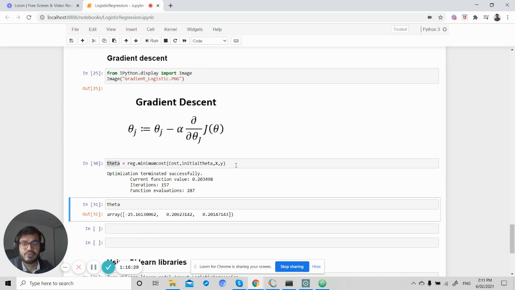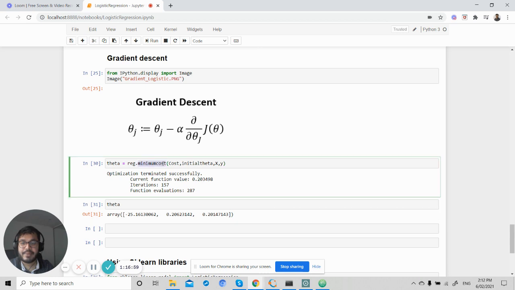So why did we use this function? It is because this gives us a more optimized value of theta. Instead of using this gradient descent equation, this would give us a more optimized value. And we also don't have issues like in gradient descent, where we need to specify alpha and iterate many times to get the optimal value.